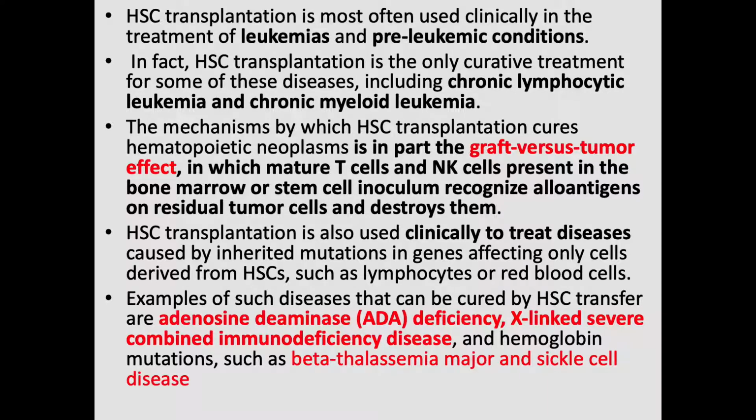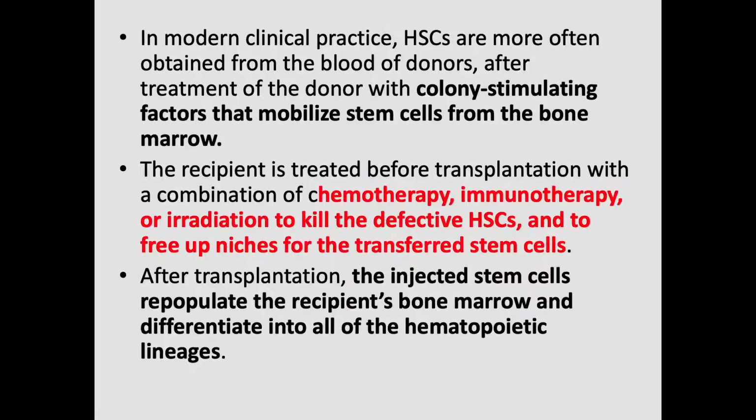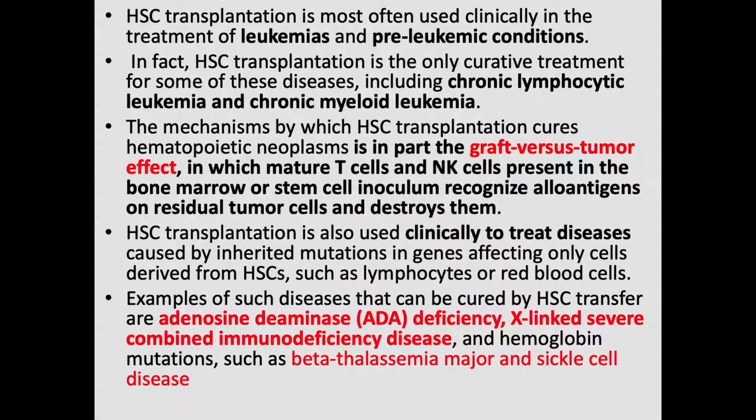So the thing is, we need to replace potentially malignant or disrupted bone marrow with normal bone marrow or stem cells, with the pluripotent stem cell which can produce blood cells and platelets, and patients will survive.